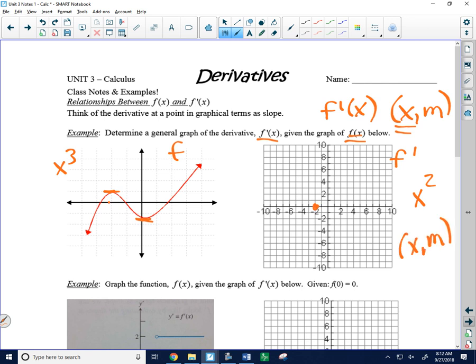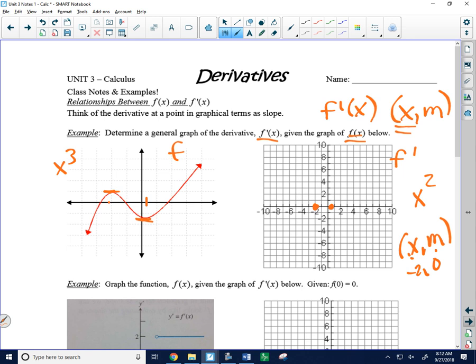So at -2, I can plot my slope: -2, and then 0. And the same thing over here. This is just past 0, so maybe like 0.5 or 0.2 or something. The slope is also going to be 0, so I can plot about 0.2-ish, 0.